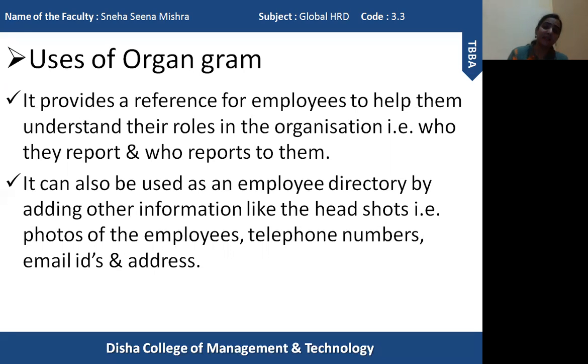Okay. And the last one here says that it can also be used as an employee directory by adding other informations like headshots, like photos of the employees with their telephone numbers, email IDs, and addresses. So these organizational charts can also include information about the employees so that everything can be managed like an employee directory. Whatever information they want to obtain regarding a particular employee, they can go through the organization chart.